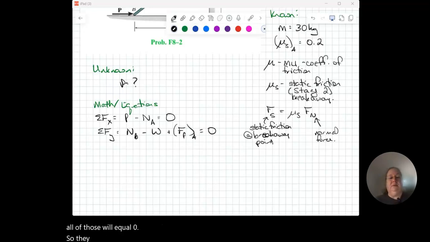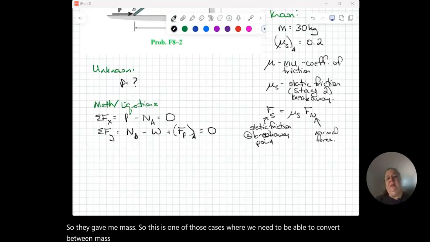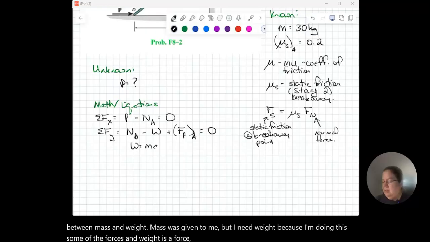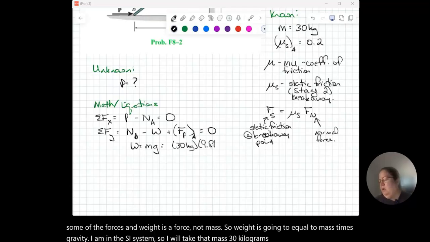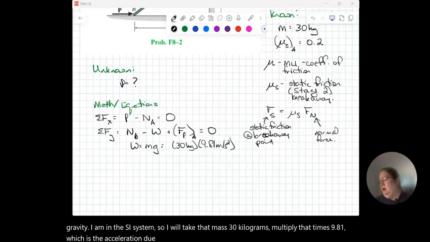They gave me mass, so this is one of those cases where we need to convert between mass and weight. Mass was given, but I need weight because I'm summing forces, and weight is a force, not mass. Weight equals mass times gravity. I am in the SI system, so I take that mass, 30 kilograms, and multiply by 9.81, the acceleration due to gravity in the SI or metric system.